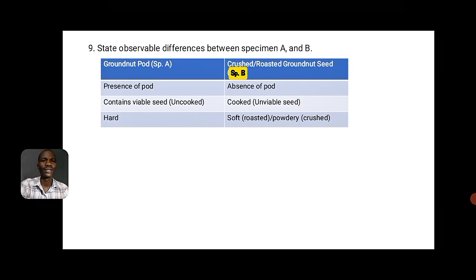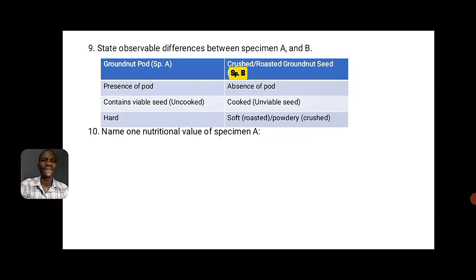Then number 2 is that specimen A contains viable seed and it is raw and uncooked, while the other one is cooked because it has been roasted, or it is unviable seed, so it has been crushed. Then number 3 is the texture, where specimen A is hard but specimen B is soft or powdery.